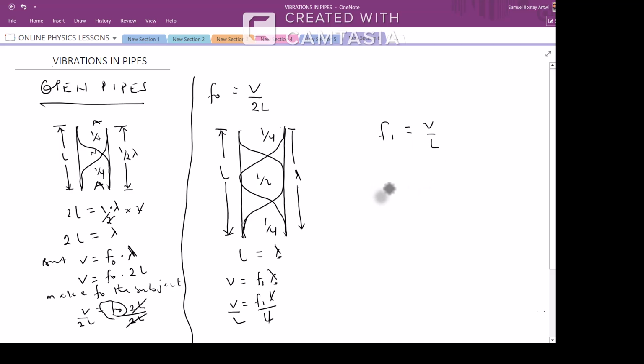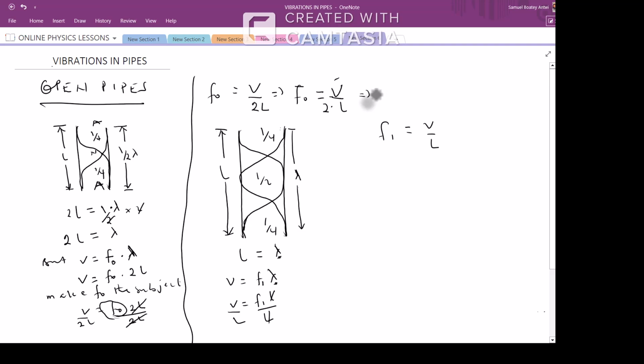Anytime we get the value of our first overtone, we try to link it to our fundamental frequency, which is F naught. Look at this equation. This equation can be expanded to F naught equals V over, let me put the 2 aside, 2 dot L. The 2 is multiplying the L. Alright. So we can have it in this way.